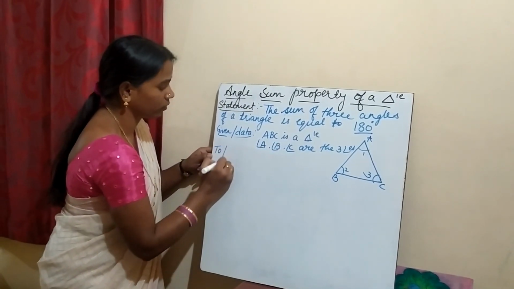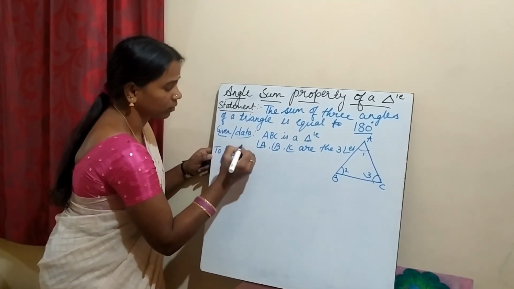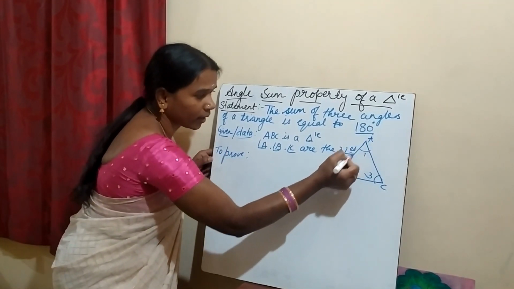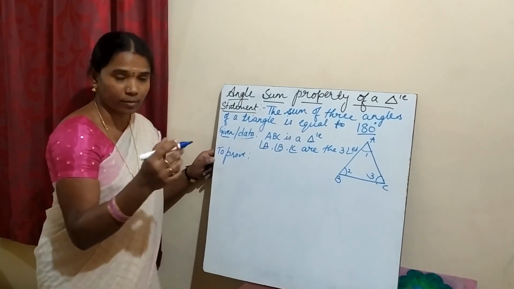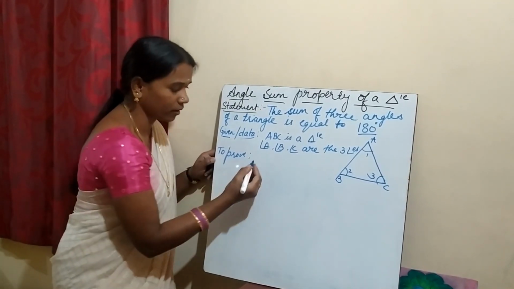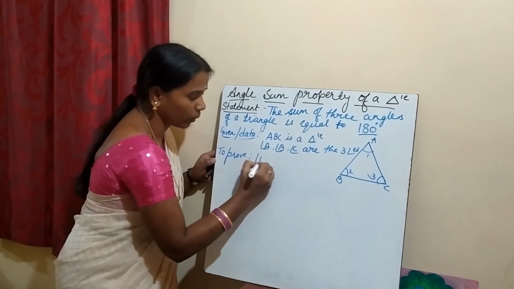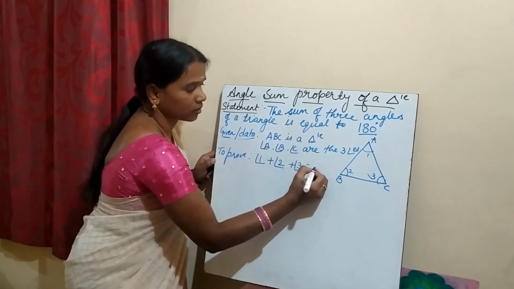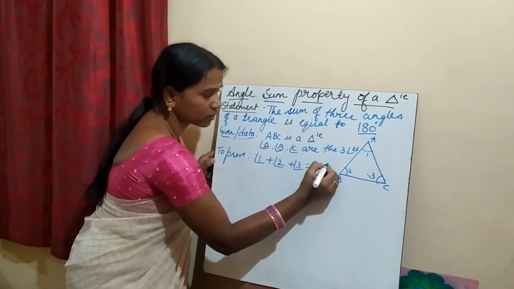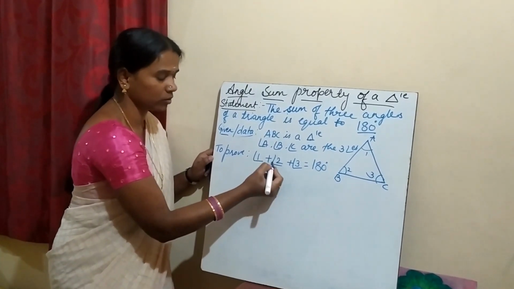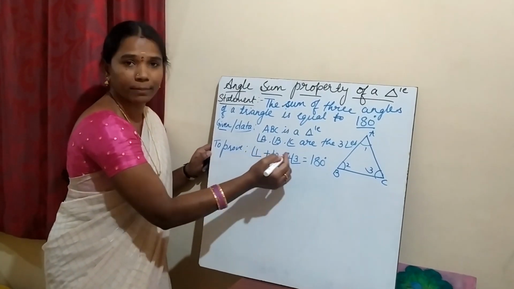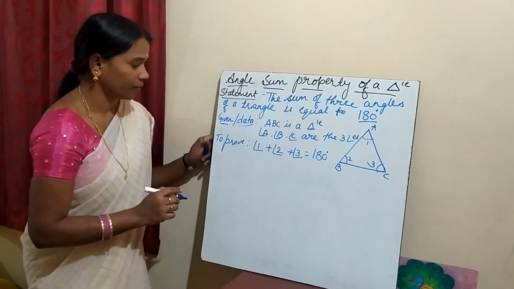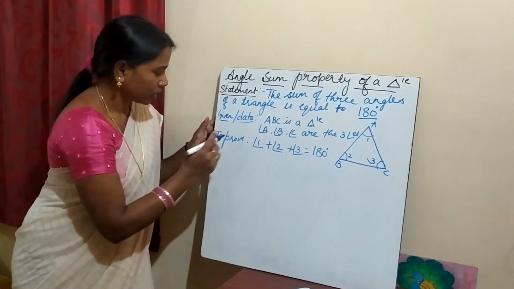To prove: the sum of all three angles is equal to 180 degrees, that is, angle 1 plus angle 2 plus angle 3 is equal to 180 degrees. You can write it as angle 1, 2, 3 or angle A plus angle B plus angle C. This is what we are going to prove today.